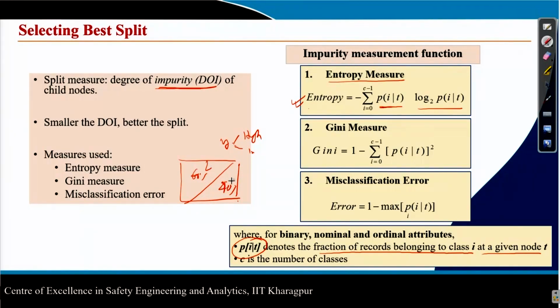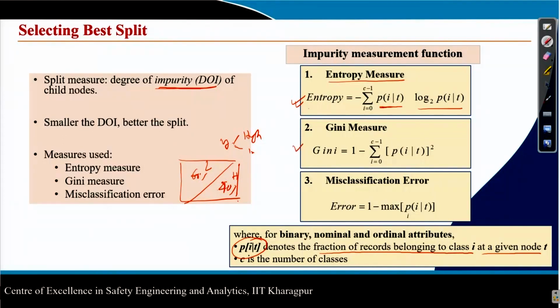Suppose low is 60% and high is 40%. Then what is the impurity here? There are two classes, so i equal to 1 to 2. Then p(i|t) is 0.4 and 0.6, and you take log base 2 of 0.4 and 0.6. You compute, you will get it.